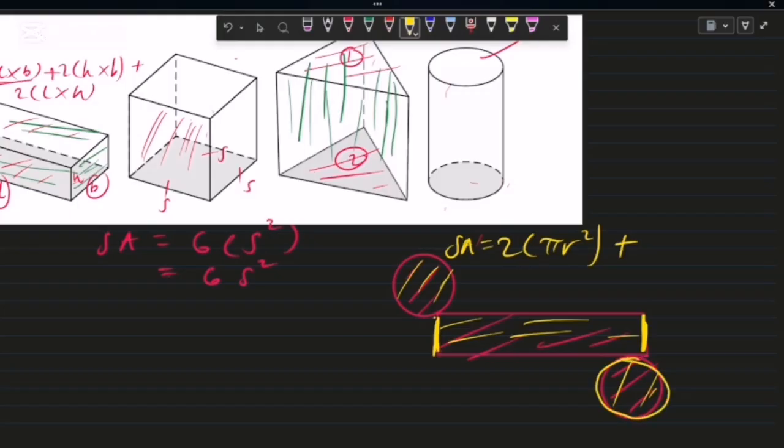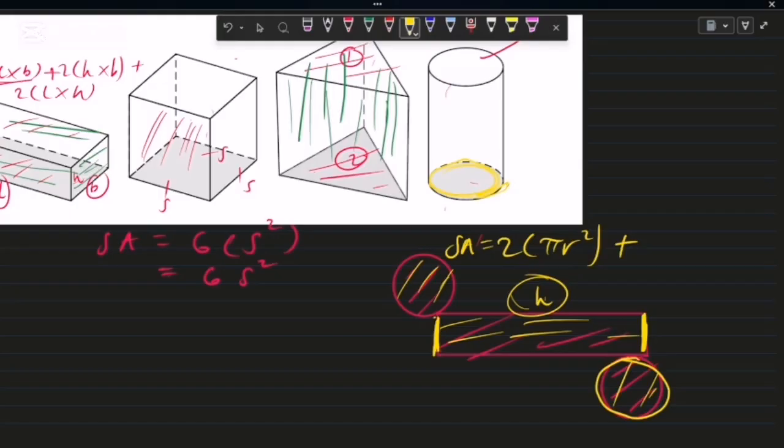And with that being said, this will be the height of the cylinder, sorry for that, the height of the cylinder, and then this part is the circumference of the circle.